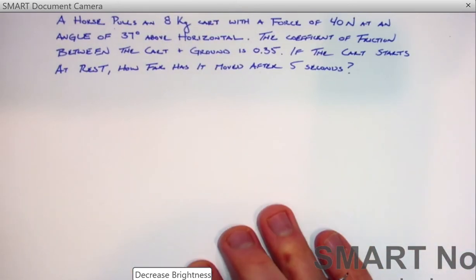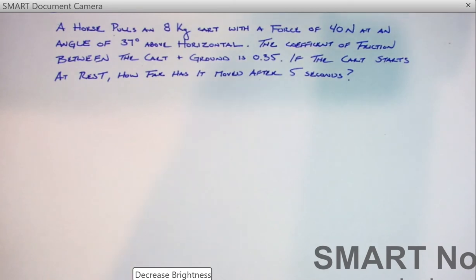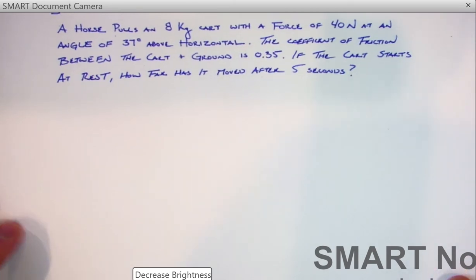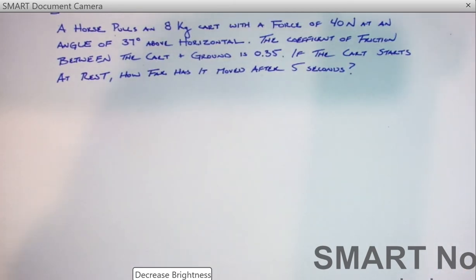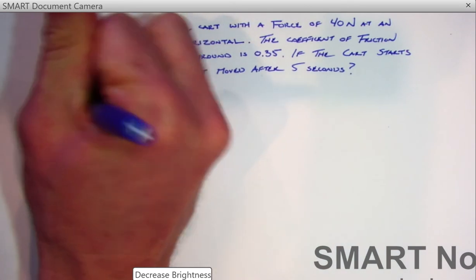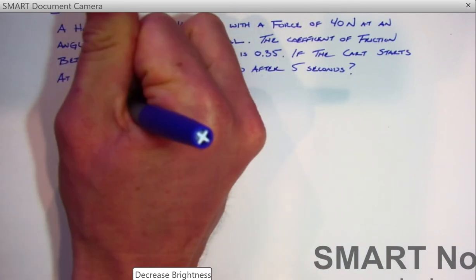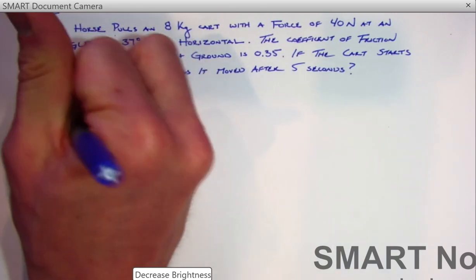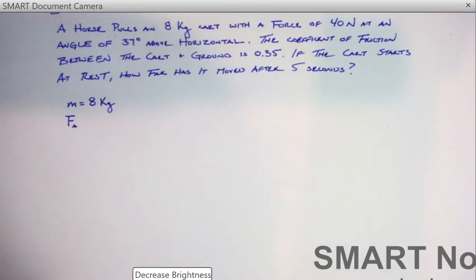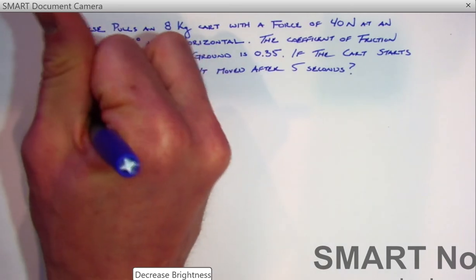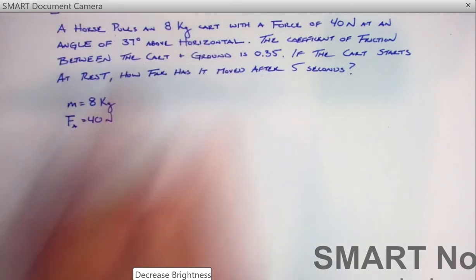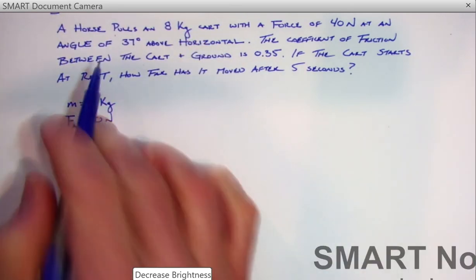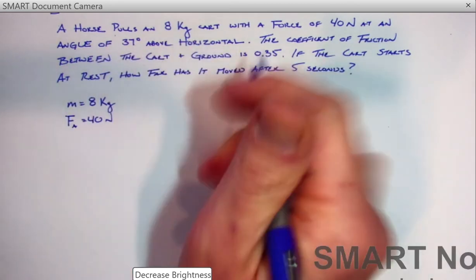Let's move on to something a little more involved. Here it says a horse pulls an 8 kilogram cart. So mass is 8 kilograms with an applied force of 40 newtons at an angle of 37 degrees.